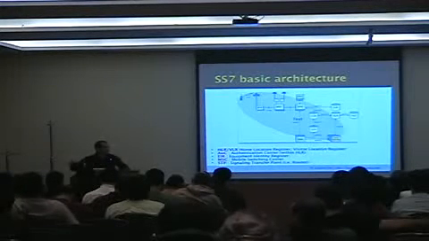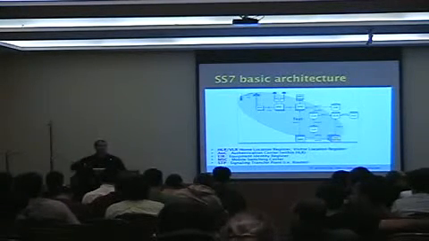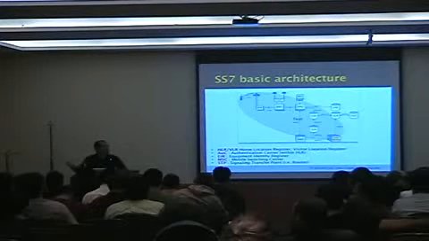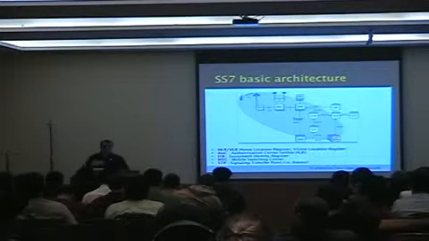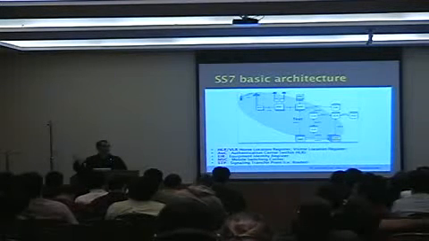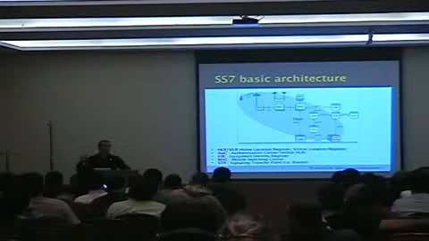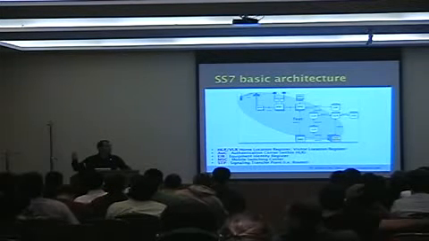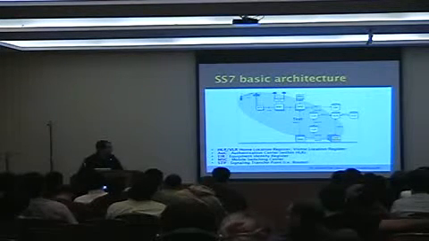That server could be, for example, a visitor location register. For me, for now, my HLR is in France. It's a Vodafone HLR, and it's saying that I'm using a Claro VLR, which is in Brazil.